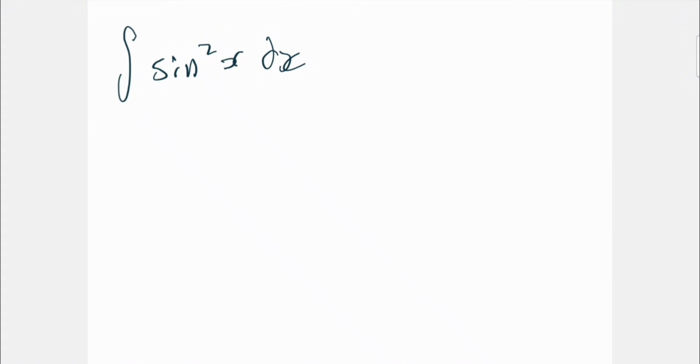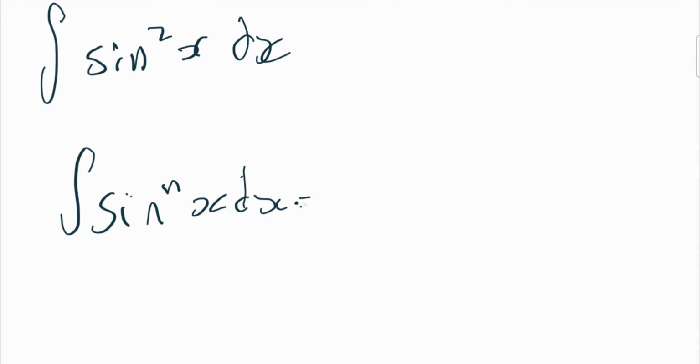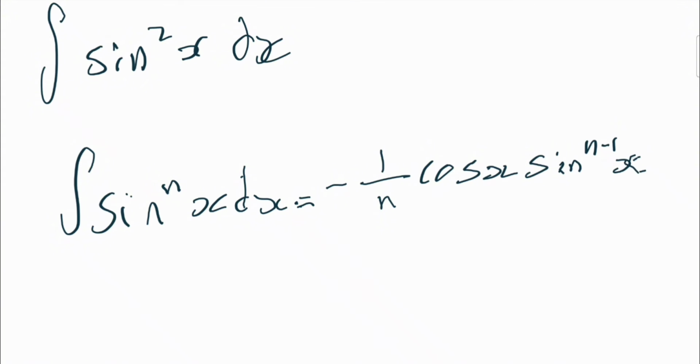Okay. So, the reduction formula for sine is the integral of sine to the n is equal to negative 1 over n cosine x multiplied by sine to the n minus 1, plus n minus 1 over n and the integral of sine to the n minus 2 dx.